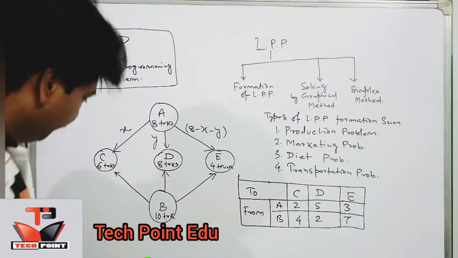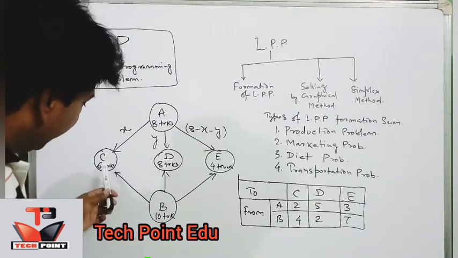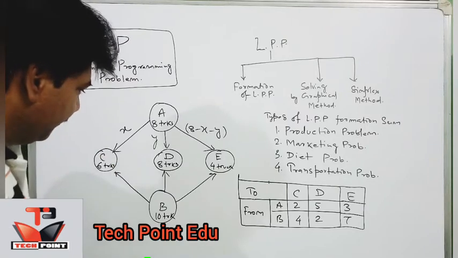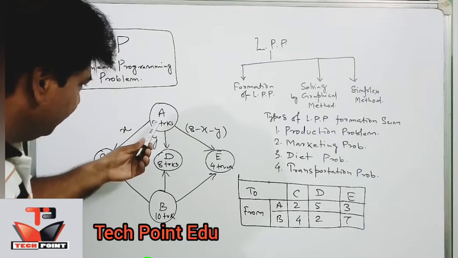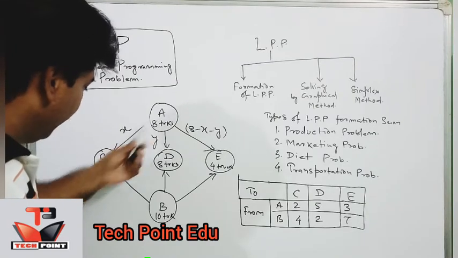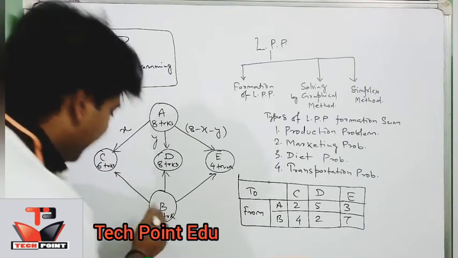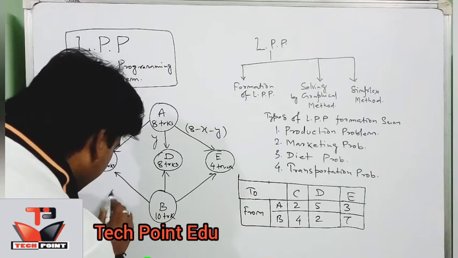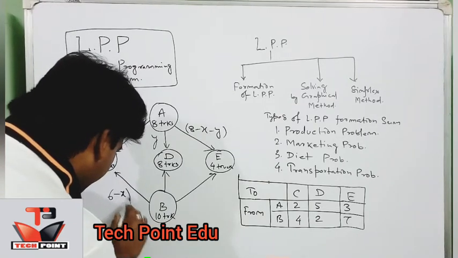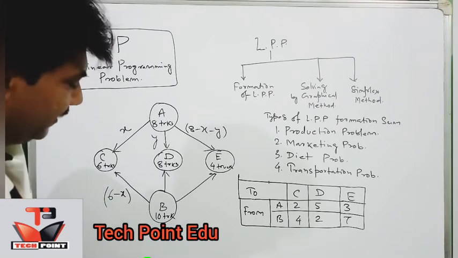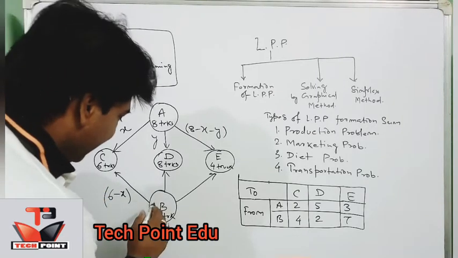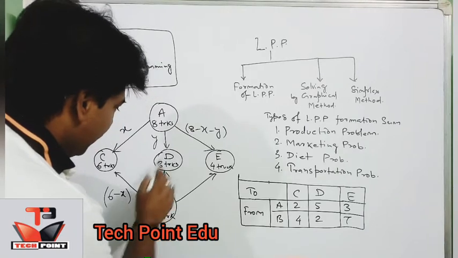Now, C needs 6 trucks. Already X number of trucks were sent from A to C. That's why B will send how many trucks there? 6 minus X. B will send 6 minus X number of trucks. And similarly, B will send to D 8 minus Y number of trucks.